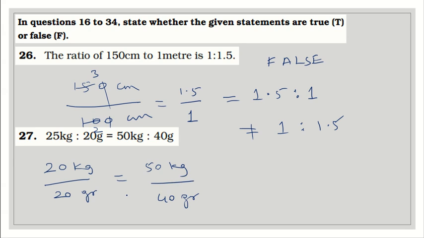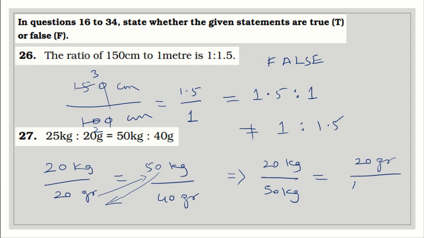See children, here in fact he transposed these two terms. If I transpose them, 25 kg by 50 kg is equal to 20 grams upon 40 grams. Now kgs are on one side, grams are on another side of the equality.